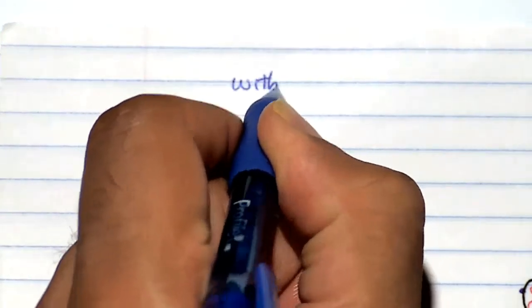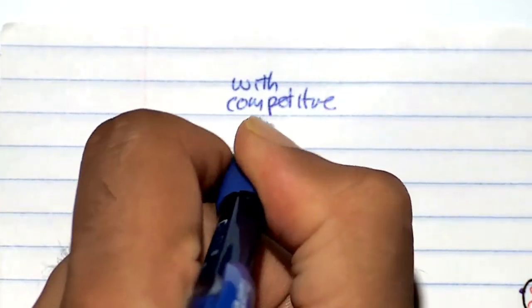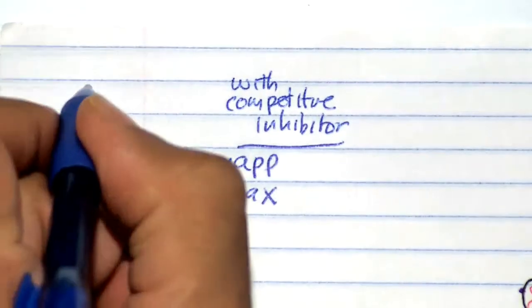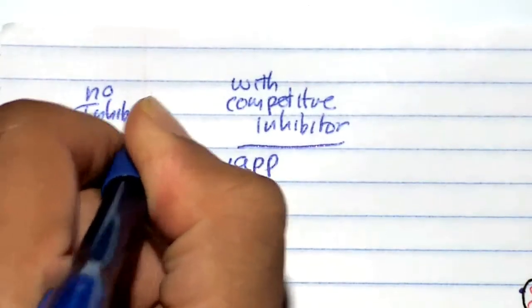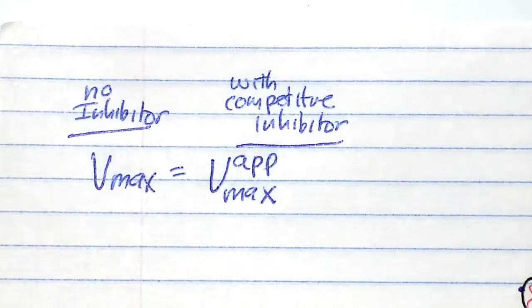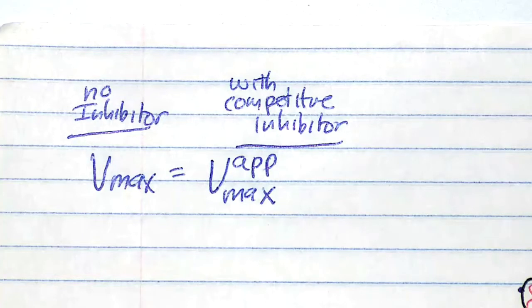This is with the competitive inhibitor. This is no inhibitor present in your system. Vmax is going to equal apparent Vmax.